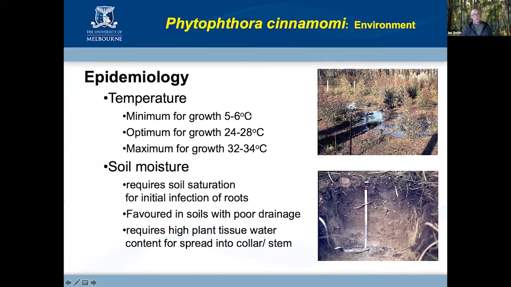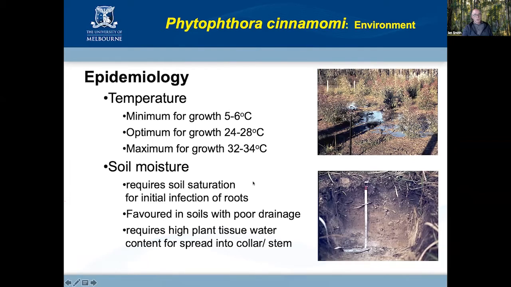So if it gets below 6 degrees, it basically kills the pathogen in the soil. The optimum for growth is between 24 to 28, much the same as what most of us are like, I think. And maximum for growth is 32 to 34 degrees. And above those temperatures, it starts to kill the pathogen off in the soil. So you can see that temperature plays a big role in the epidemiology.